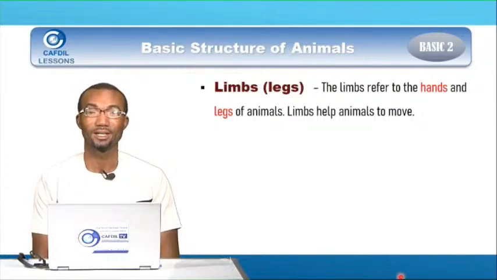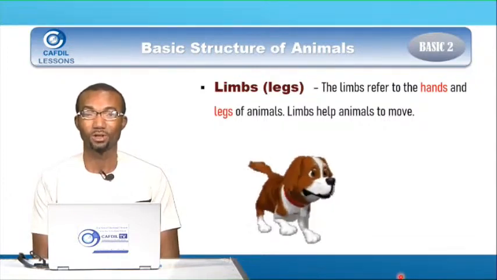Now let's look at the last one: limbs. Limbs, or the legs. The limbs refer to the hands and legs of animals, and the limbs help animals to move. So the limbs, also known as the legs, help animals to move.